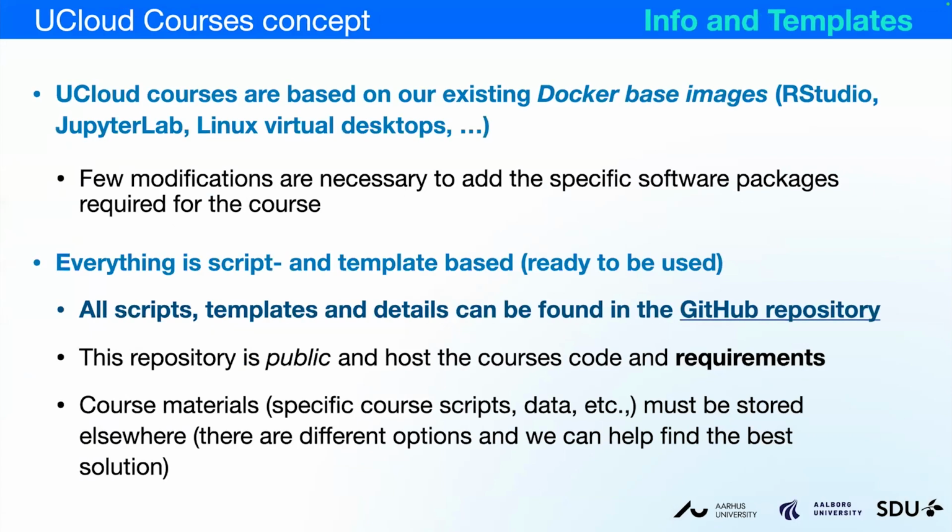So essentially, as you saw from this practical example, the UCloud courses are based on existing Docker images, which in other words, are existing apps we have in our app store, which can be, for example, Jupyter Lab, our studio environment, or Linux desktop, so the student can work on a Linux environment, and so on. And a few modifications are necessary in order to customize the app and be really specific for the university course.